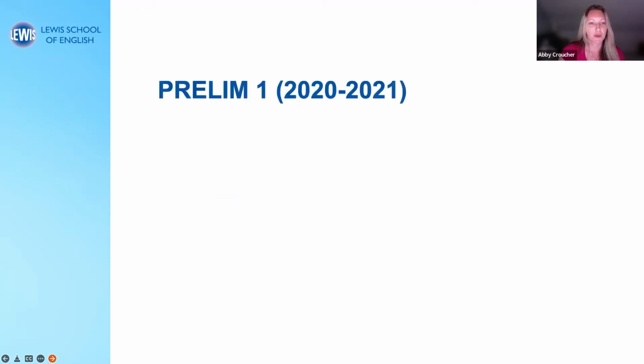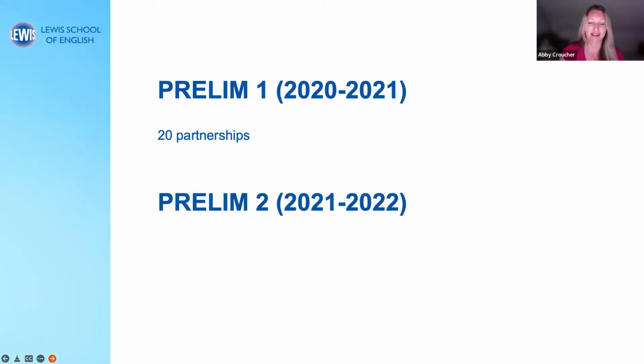PRELIM 1 took place over 2020 to 2021, and there were 20 partnerships, so 20 UK centres and 20 English teaching associations. Very excited that PRELIM 2 also took place. This was 2021 to 2022. It literally just finished a few weeks ago.